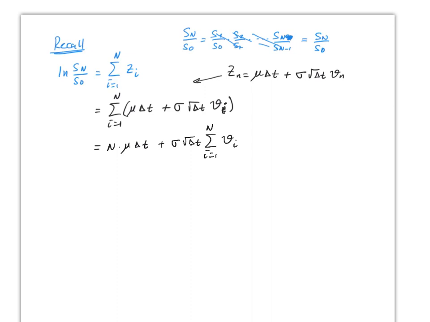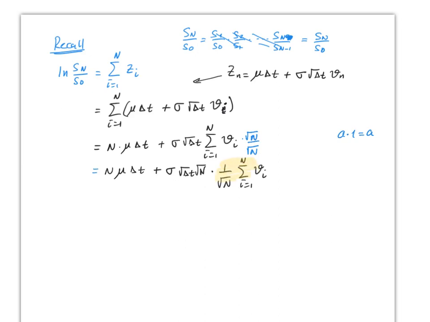Remember that anything times 1 is equal to itself, so here we're going to multiply and divide by radical n, and the only reason we do that is to get the following. So notice that this will be sigma delta t now times the square root of n times 1 over the square root of n times the sum from i equals 1 to capital N of epsilon i.